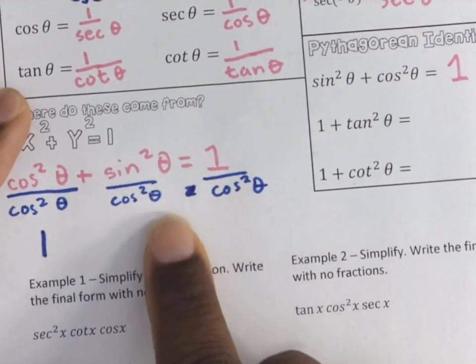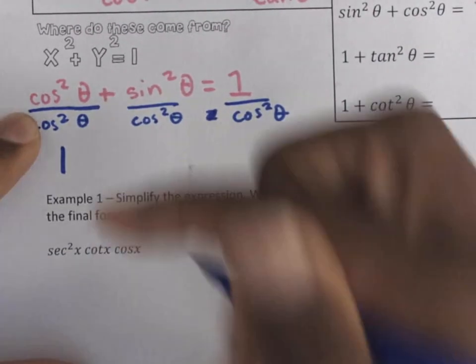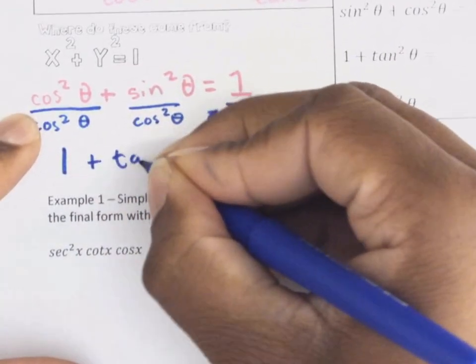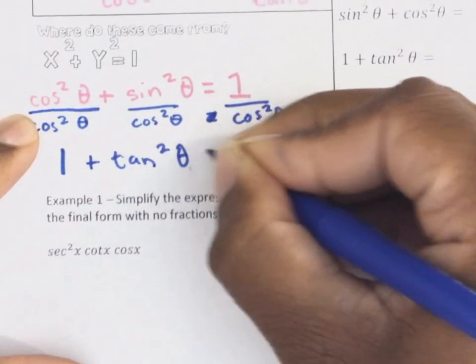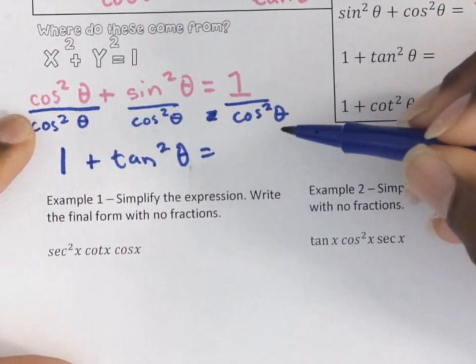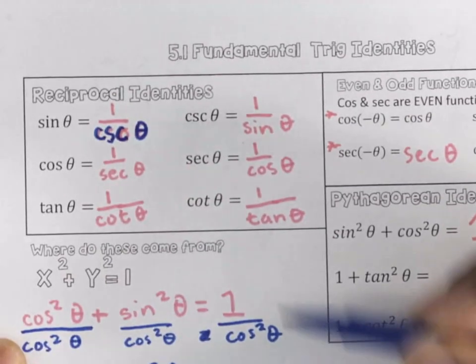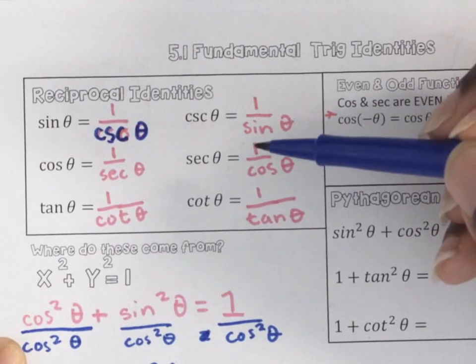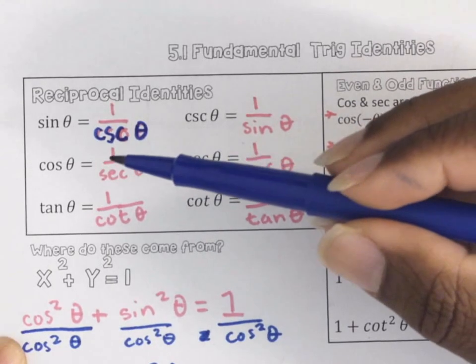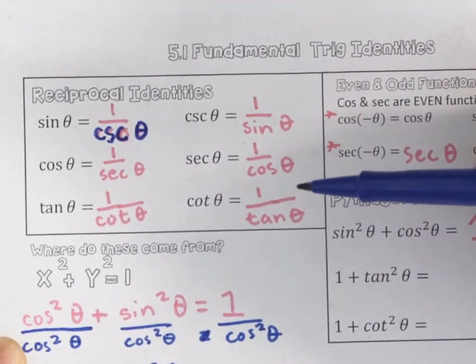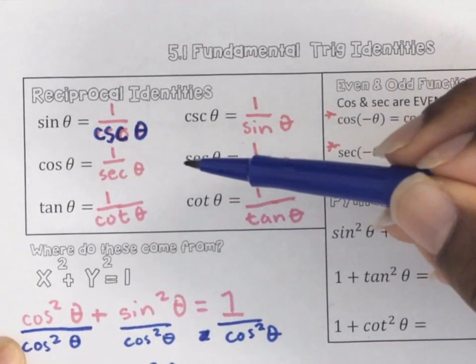Sine squared over cosine squared is tangent squared, so I could rewrite this second one as tangent. And cosine's reciprocal is secant, so 1 over cosine squared I can rewrite as secant squared.